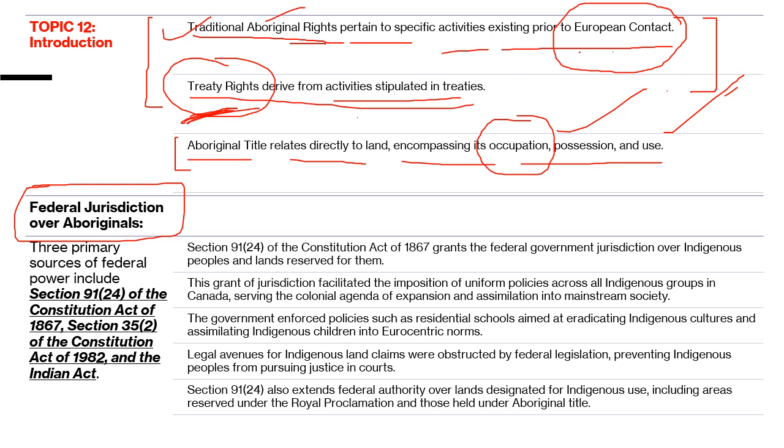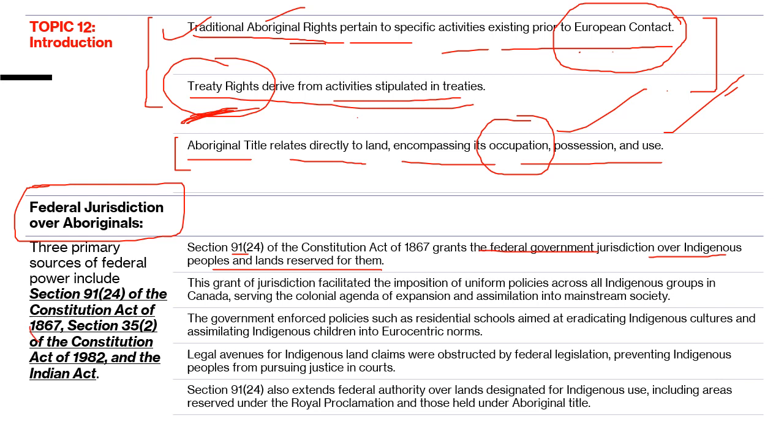Section 91(24) says that the federal government has jurisdiction over indigenous people and lands reserved for them, but there are a few conditions. For that we will be going to section 35(2) later on, and the Indian Act.